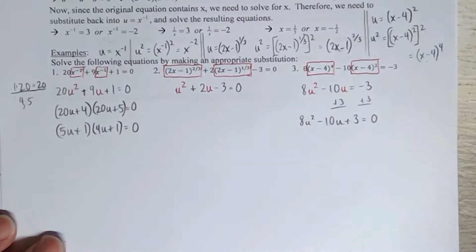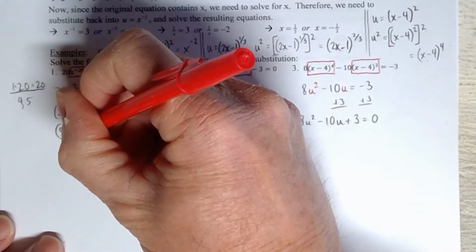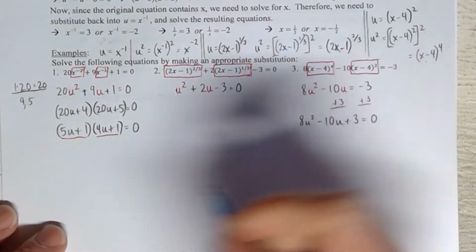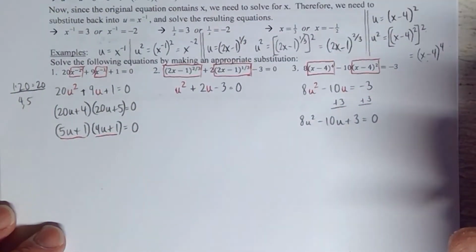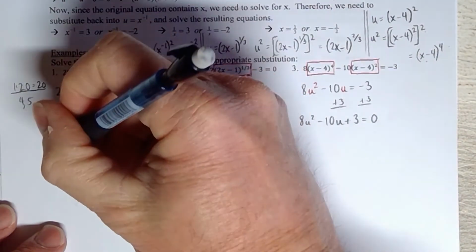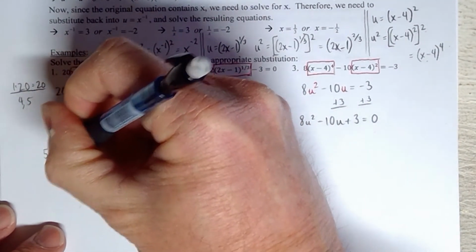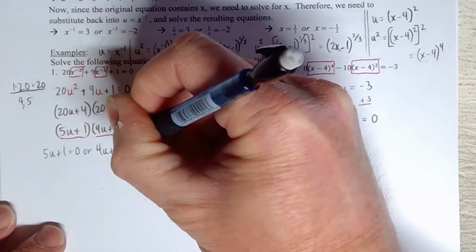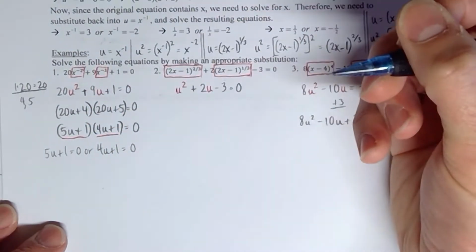Then I have 2 factors here. We've factored this left side of the equation completely. It doesn't factor anymore. And we get what? We get setting both of these equal to 0 like we normally do at this step. And then we solve for u. What do we get?